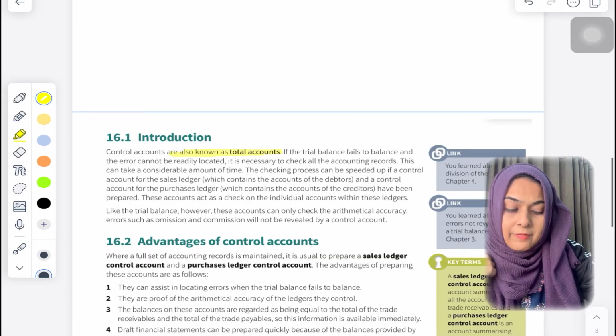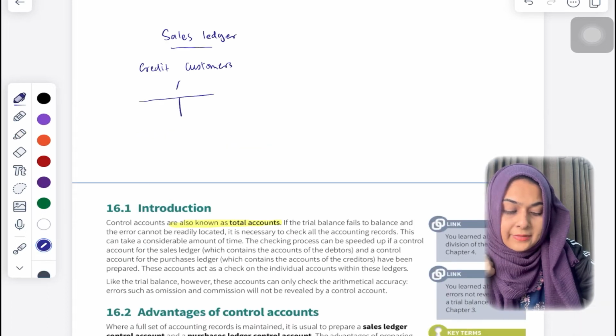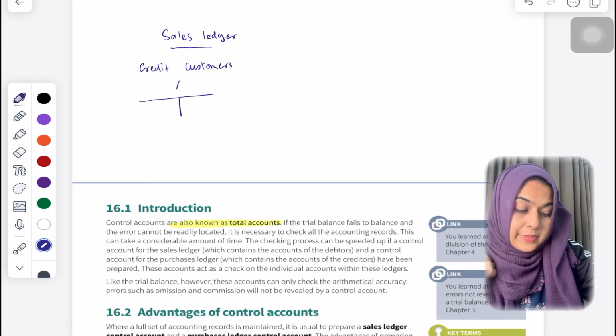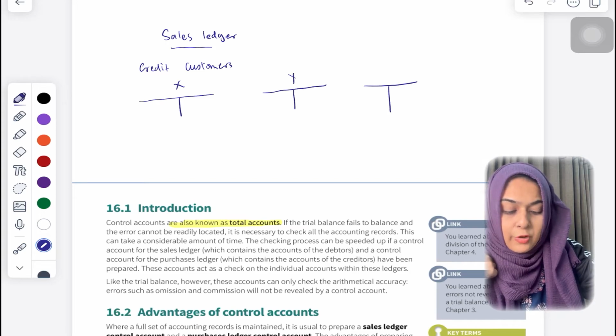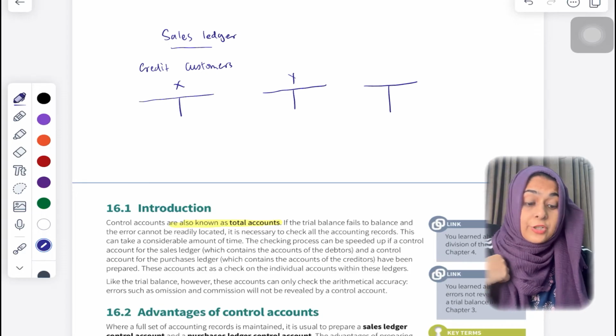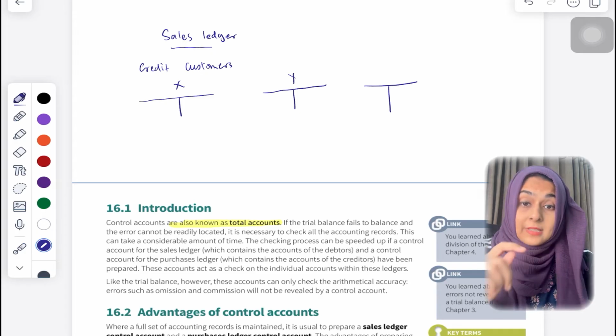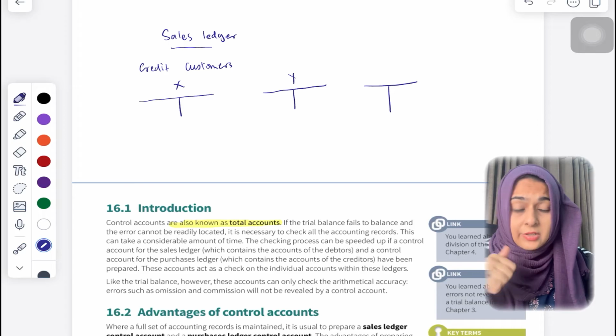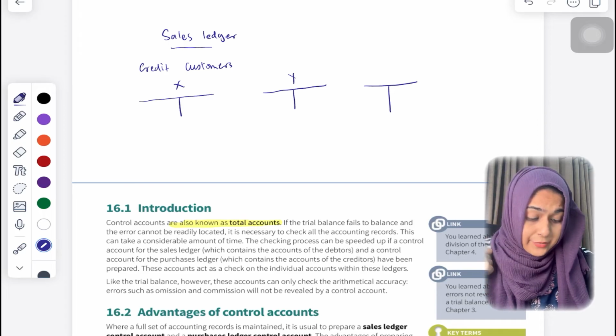So let's say I have customer X, customer Y and customer Z. Let's say the balance brought down for customer X is 100, for customer Y is 200, and for customer Z is 300. That means the sales ledger control account will have a balance brought down of 600, because it is the addition of 100 plus 200 plus 300, which gives you 600.